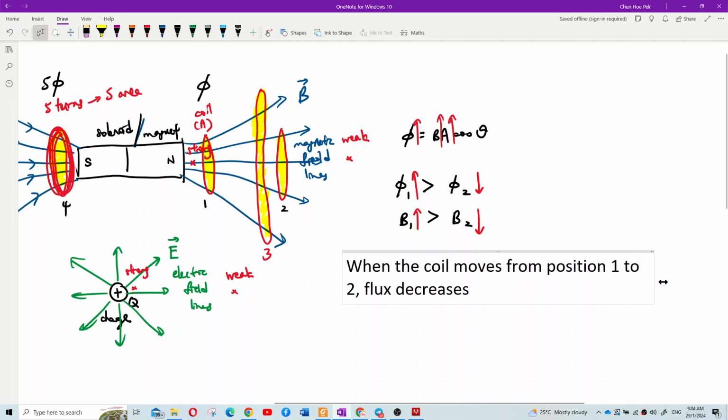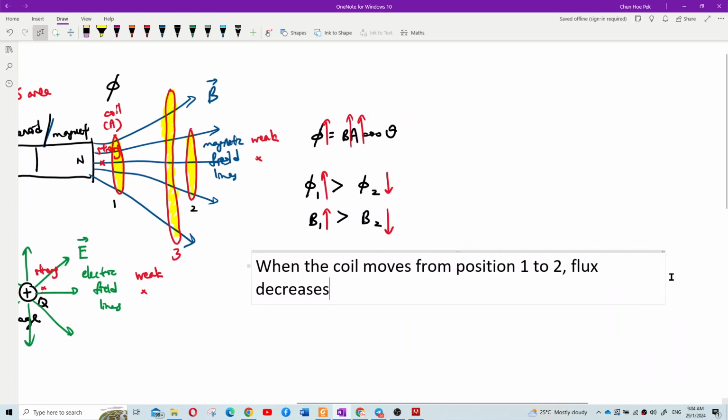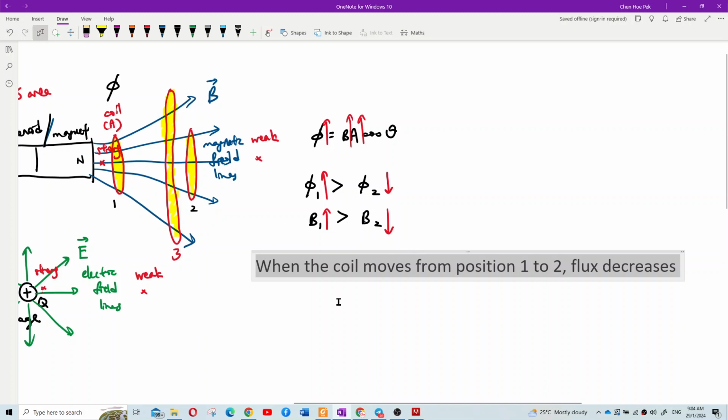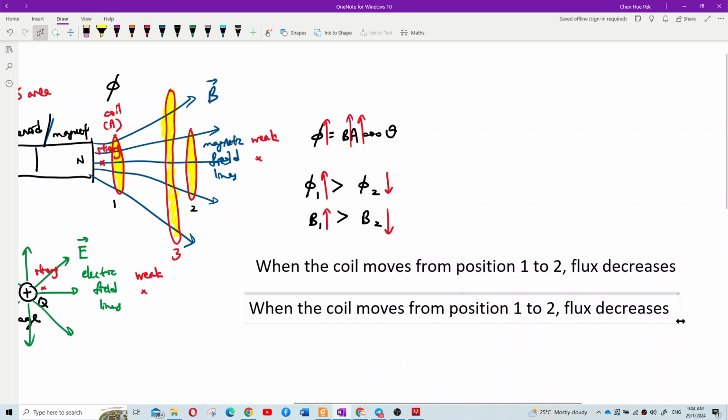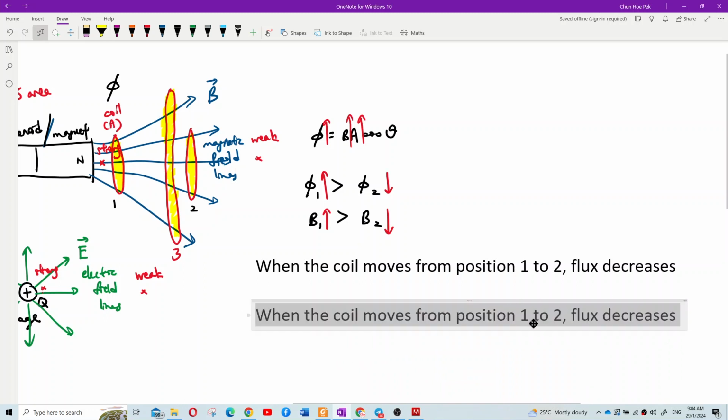And how about, let's say, I move the coil from position 2 to 1. If I move the coil from position 2 to 1, what happens to the flux, class?